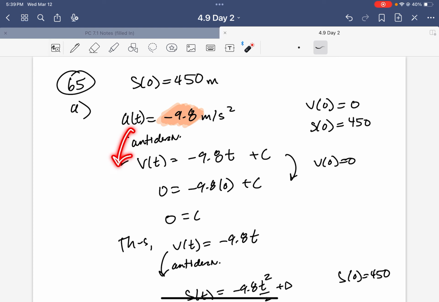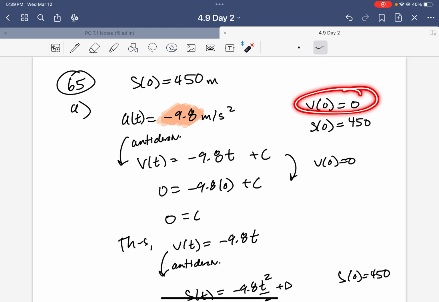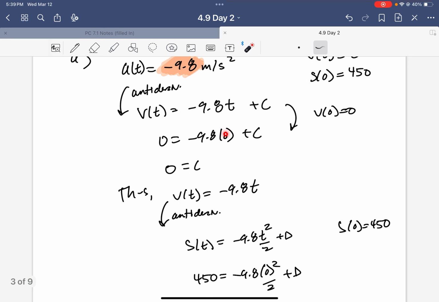So if we take the antiderivative, that's going to be what we get, and a plus c pops out. Well, since we just let it go, we didn't throw it down with any velocity, our initial velocity is 0. So that means c is equal to 0, because when we plug in 0 for time, we better get out 0 for velocity. So c must have been 0.